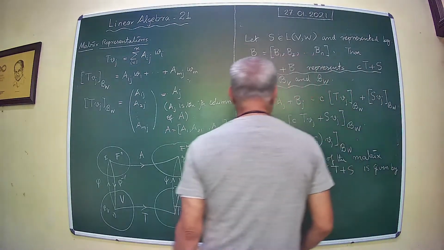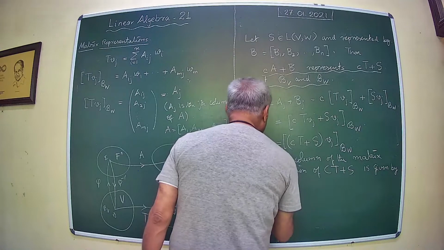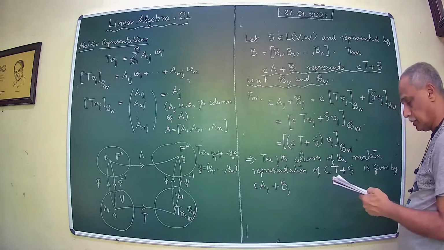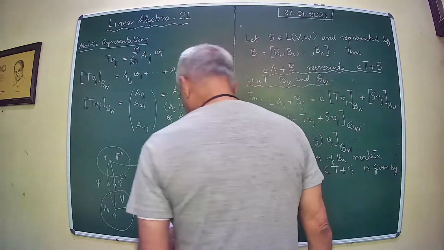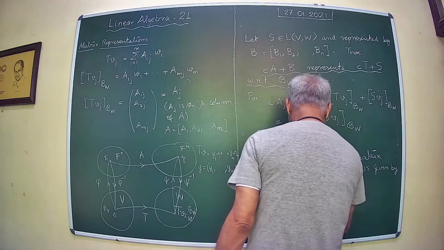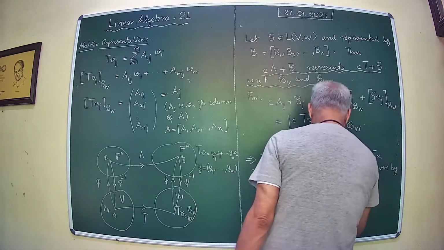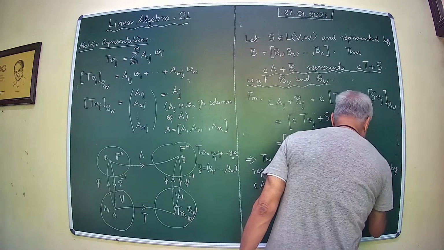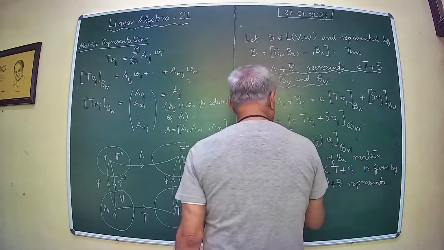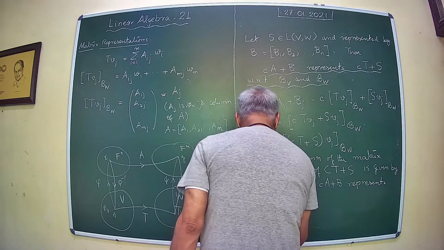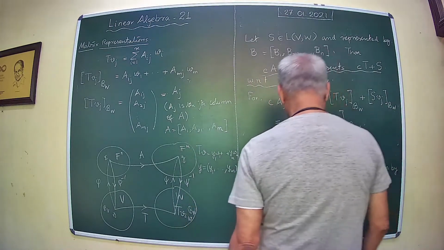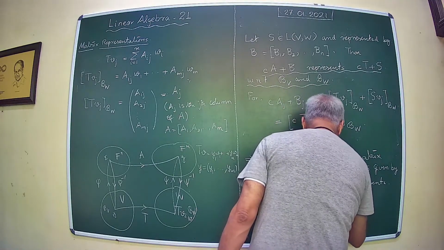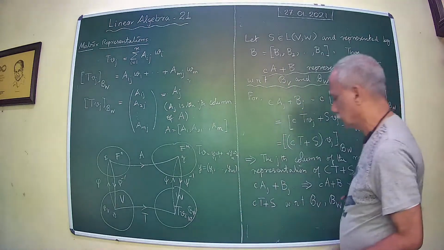What does it mean? It means that cA plus B represents cT plus S with respect to the bases, so that completes the thing.